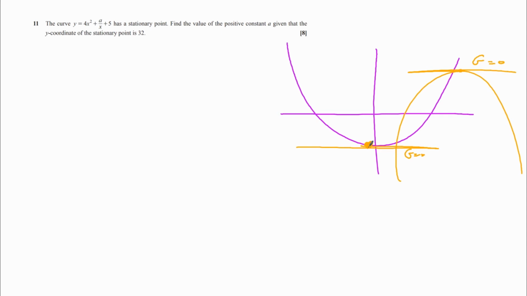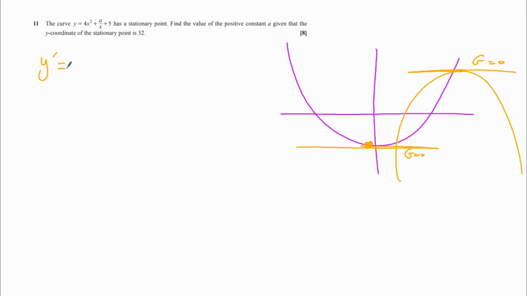And we know that the definition of the gradient is basically differentiation. So if we differentiate this function and equate the derivative to 0, that is where we find the stationary points.